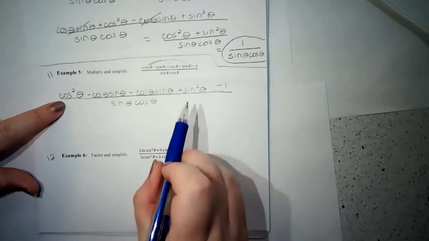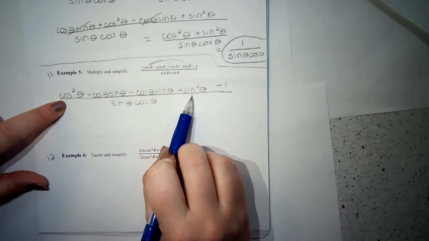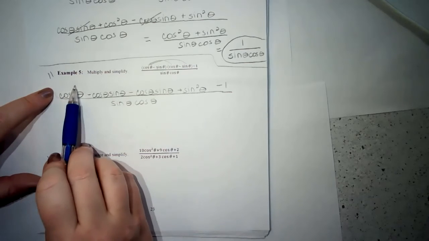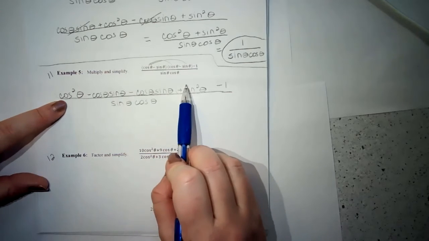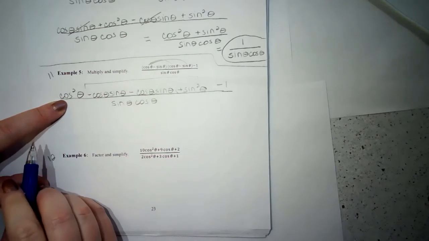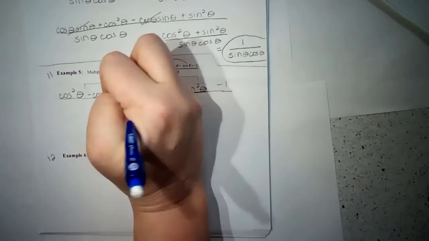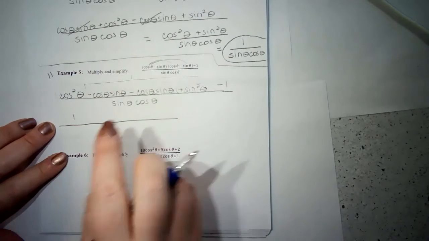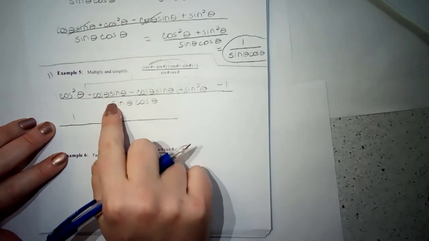Okay, let's think about what we got. First of all, I see squared terms. So if we go back and look at Pythagorean, what's cosine squared theta plus sine squared theta? What do these two equal when they're added together? 1. So this is like having a 1. Then I notice these are the same term.